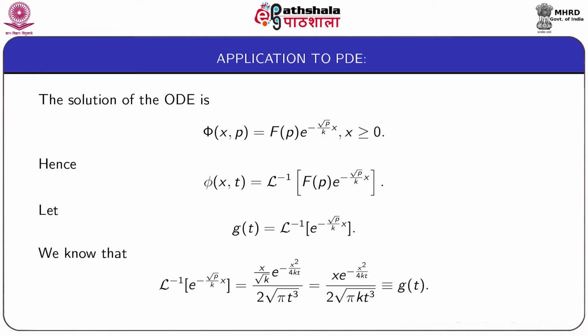Now, using the convolution theorem, we see that φ(x,t) can be obtained in terms of f(t), which is the Laplace inverse of F(p), and function g(t), which is the Laplace inverse of this function e^(-√(p/k) x).